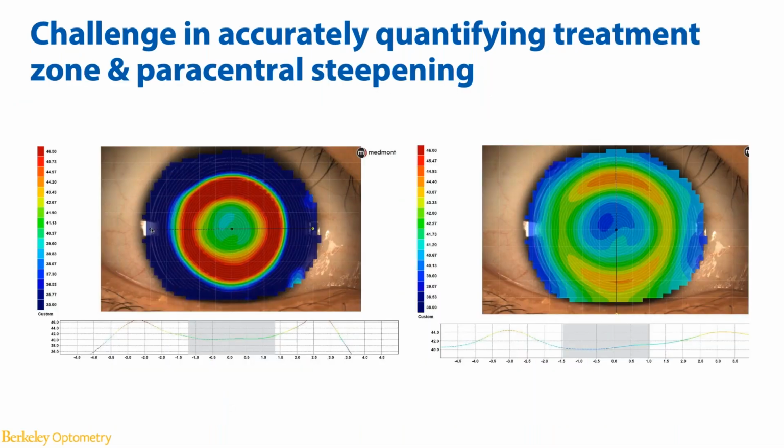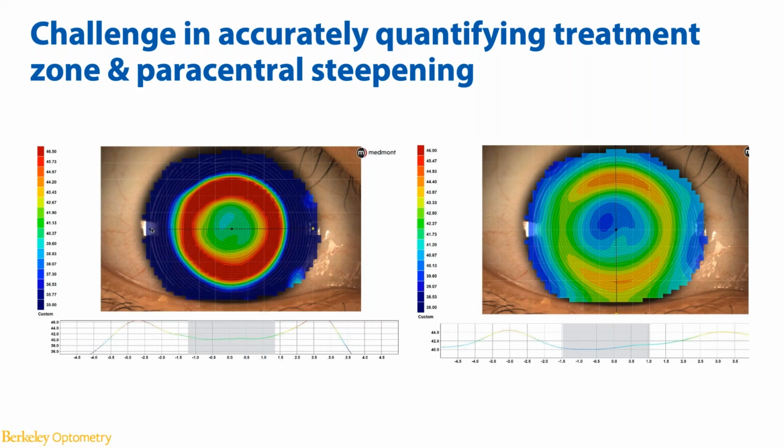Before I share with you the second important finding, I want to illustrate how challenging it is to actually measure the size of the treatment zone on the cornea, as well as the profile of the paracentral steepening. So here you can see, even though we've been talking about treatment area on the cornea pretty commonly, but surprisingly for the whole ortho-K industry, we actually do not have a standardized way of measuring the size of the treatment area after ortho-K.